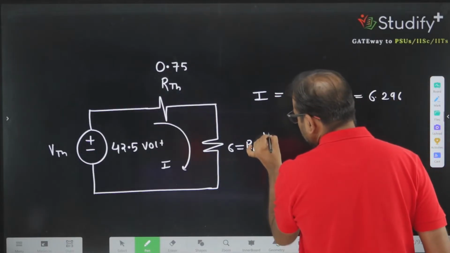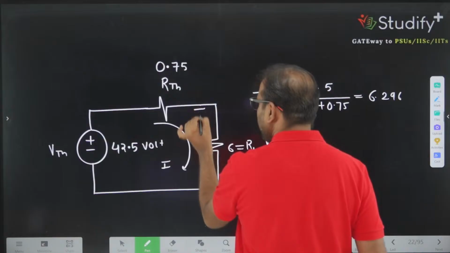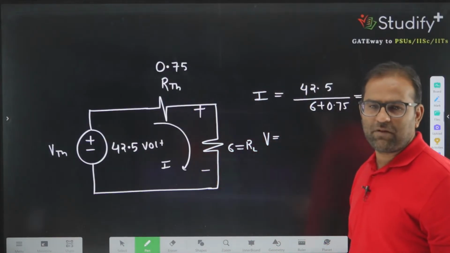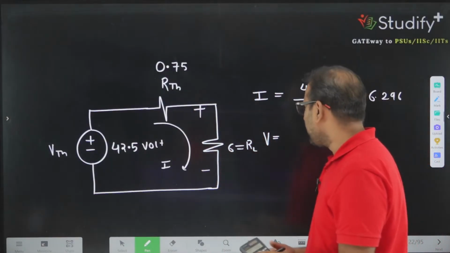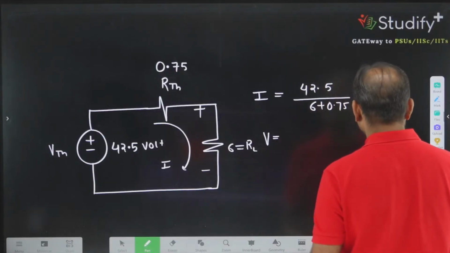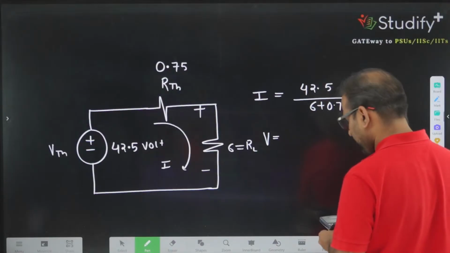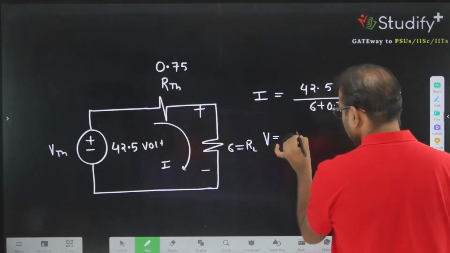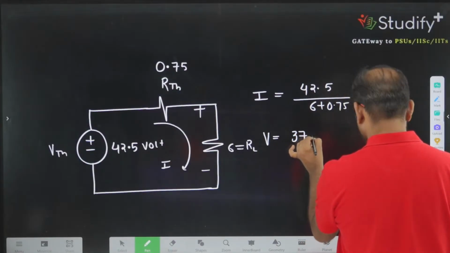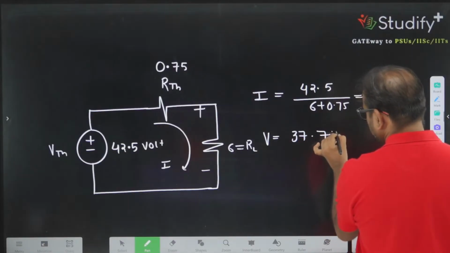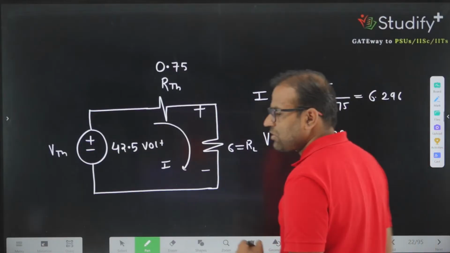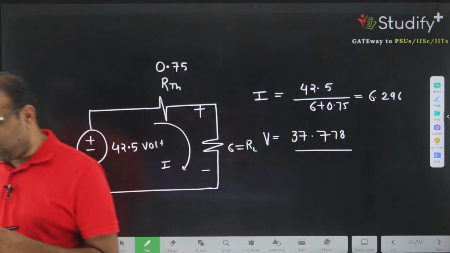Now what is the voltage across this 6 ohm resistance? If I am calculating the power delivered due to DC, it's V into I. So 6.296 multiplied by 6 gives 37.778, the voltage drop across the 6 ohm resistance.